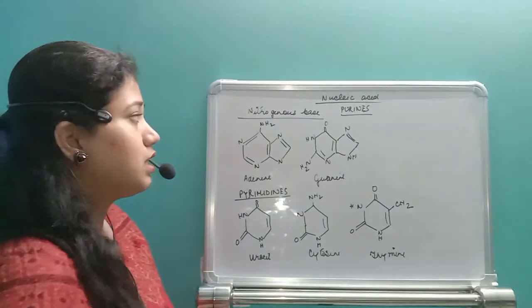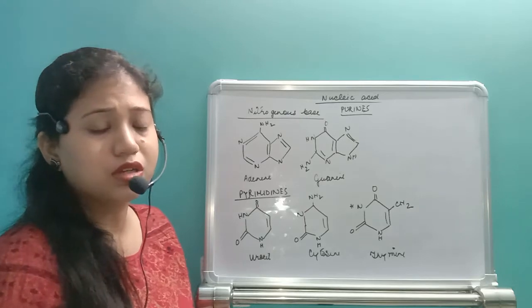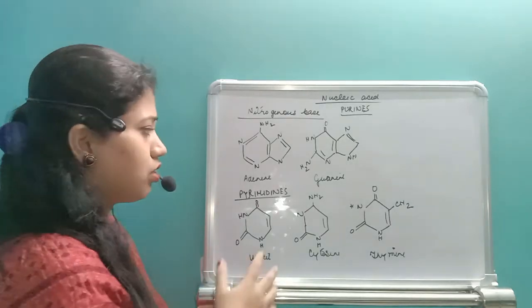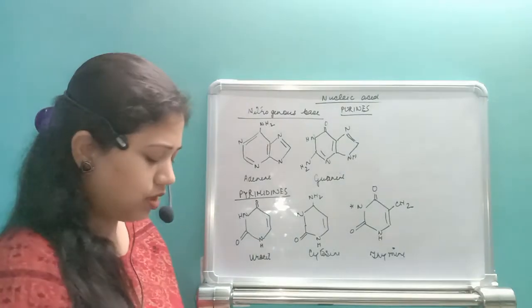Now let us see the structures of the nitrogenous bases. Sometimes in a question it may be asked that you have to find out which compound a given structure is.